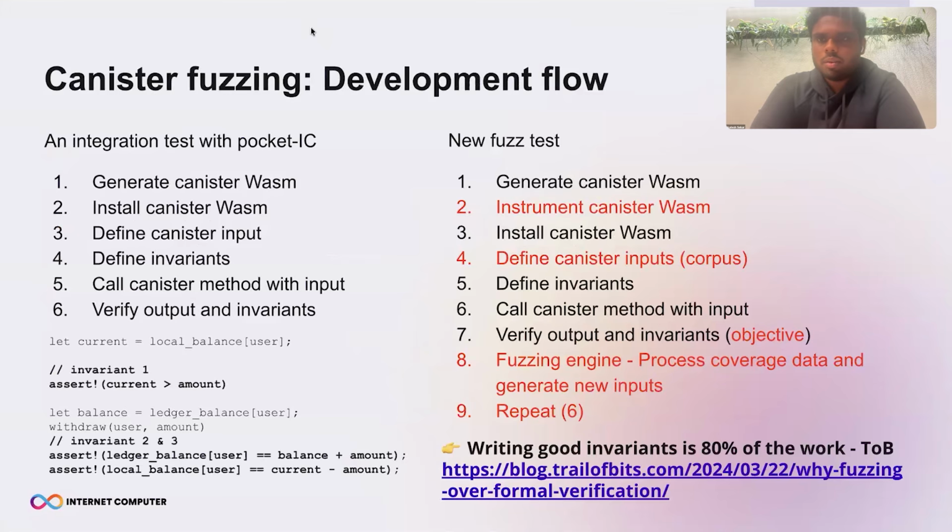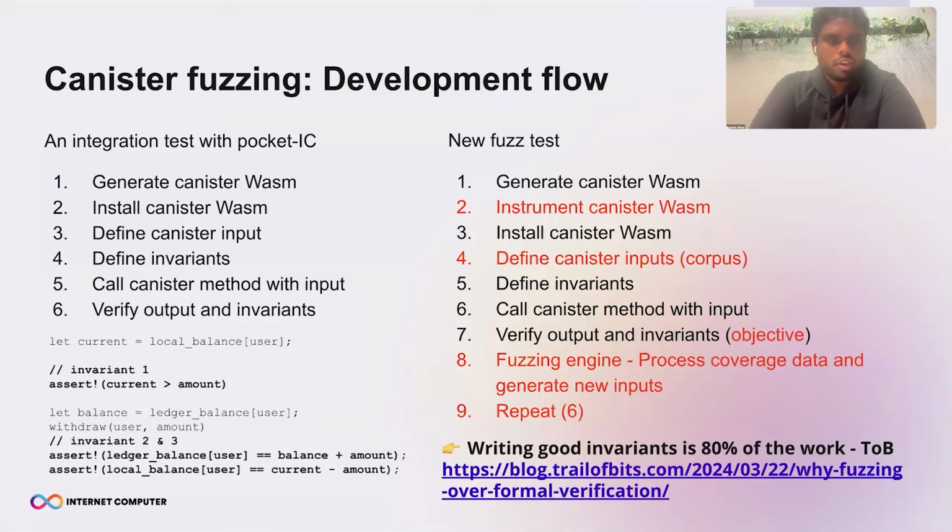So how does the development flow look? I think most developers are familiar with an integration test with PocketIC, where you generate the canister WASM, install the canister WASM, define the canister input which you need to call with, define some invariants, call the canister with the input and method, and then verify the output and invariants. Here, invariants are things which you can assert will never happen or will always happen in canister code.